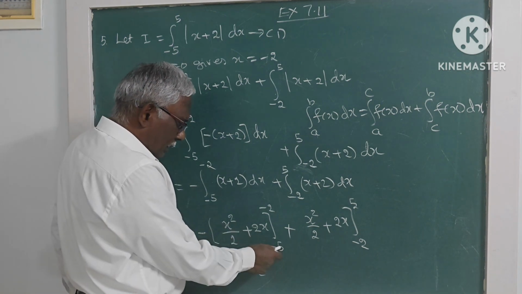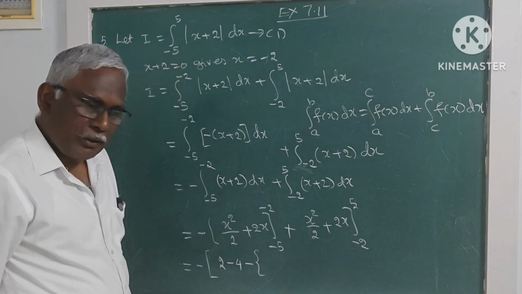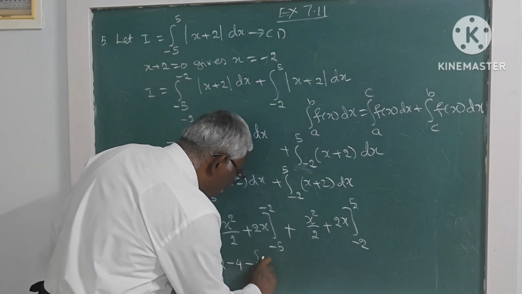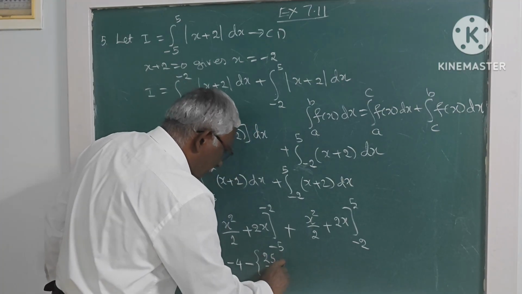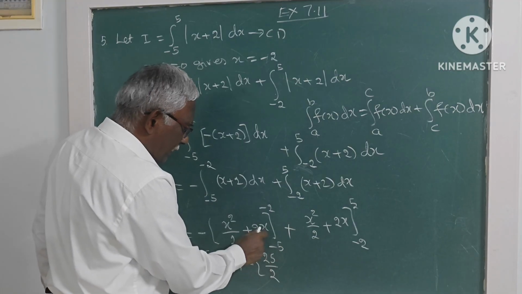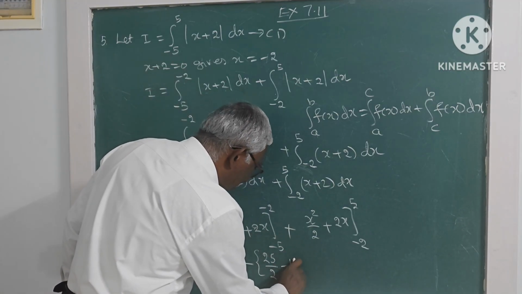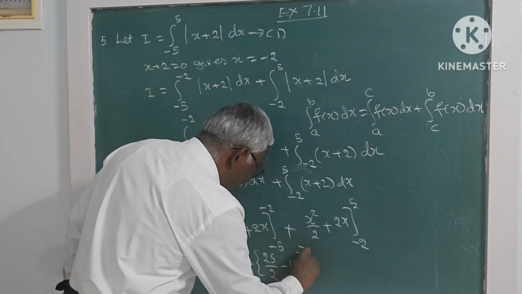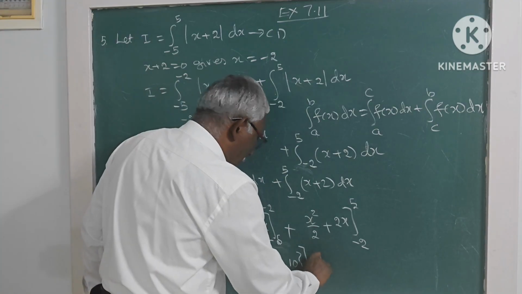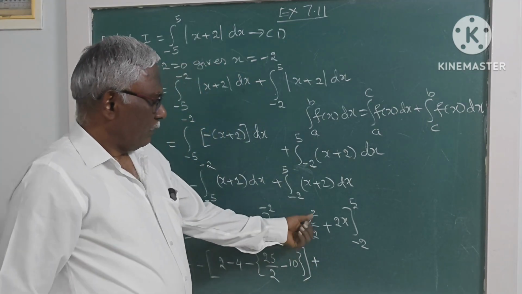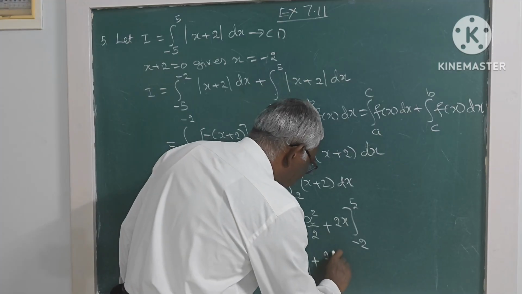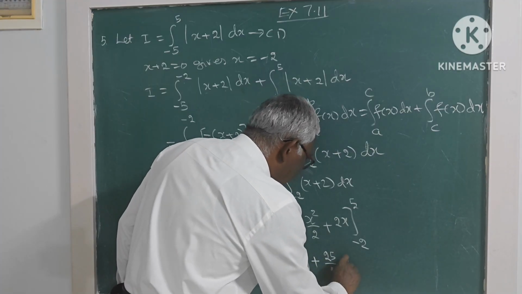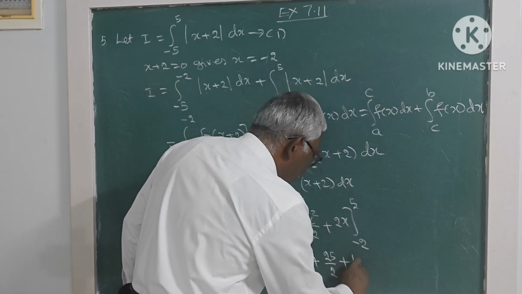For x you put minus 5, x square is 25, so it will be 25 by 2, again 2x for x equals minus 5 gives minus 10. So this plus, for x you put 5, it will be 25 by 2 plus 2 into 5, 10.